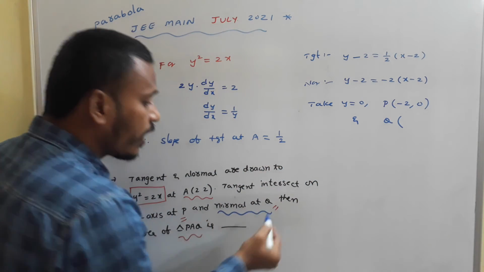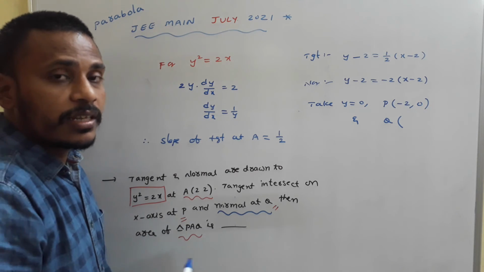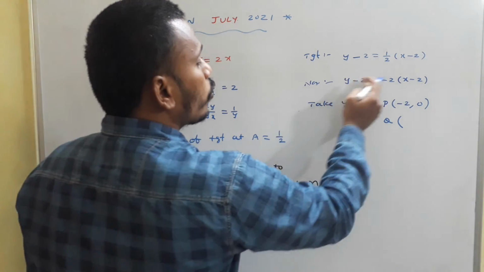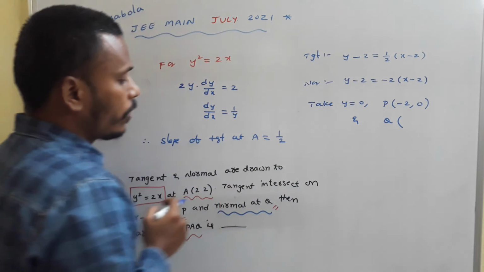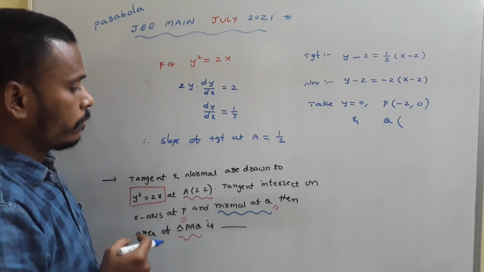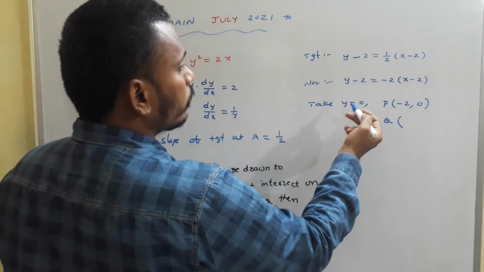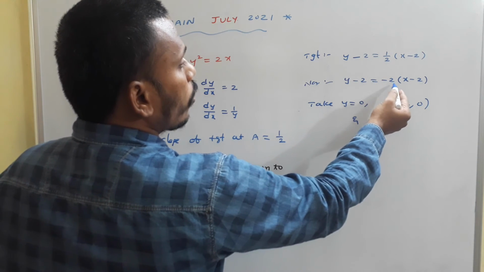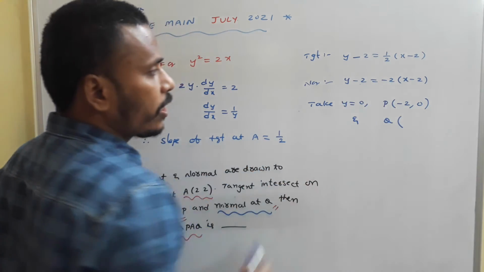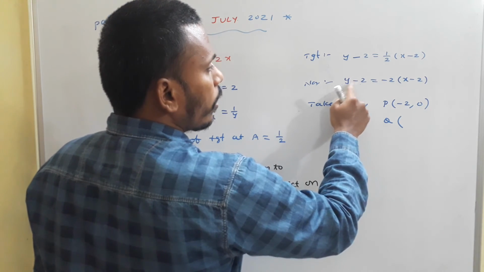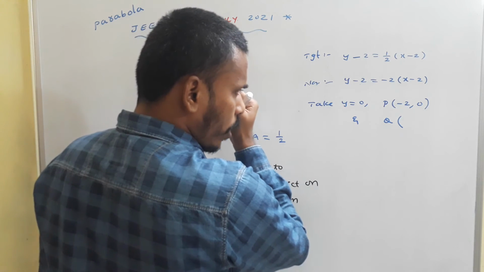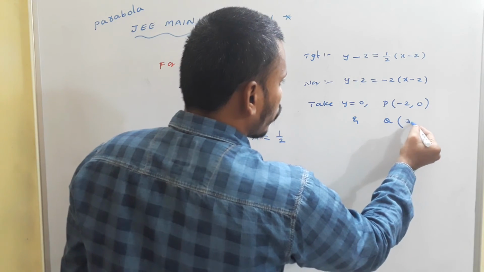The normal intersects the x-axis at Q, so use y = 0 in the second equation. If y = 0 here, what will happen? The -2 and -2 cancel, so 0 = -2(x - 2), and x = 3. So Q is (3, 0).